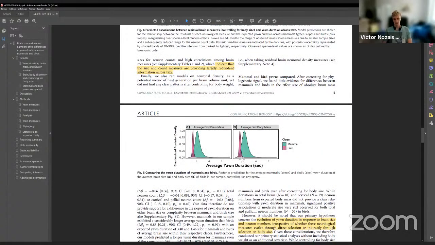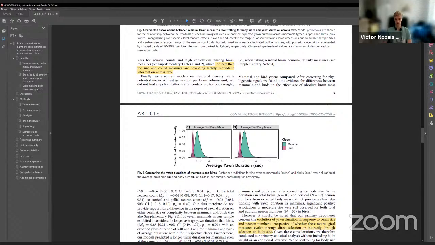And lastly, the last measure that they did was to model, to take the average brain mass of a bird and to check what would be the yawn duration for this brain mass, and to pair this brain mass to mammals, saying like a mammal that has the same brain mass as the average bird brain, what would be the yawn duration.